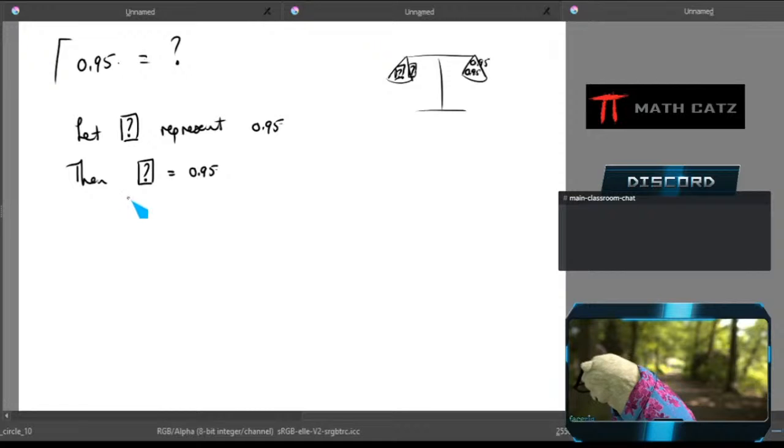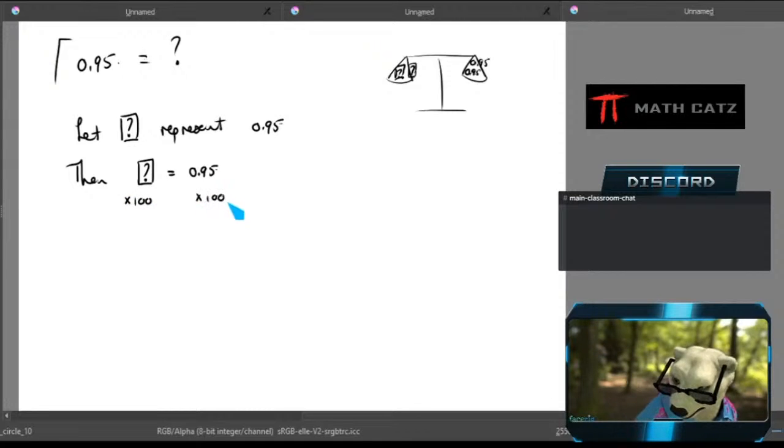So what I'm going to do is multiply each one by 100. I'm going to have 100 copies of the question mark. Then I better have 100 copies of 0.95 as well. Then everything will still be equal. So as long as I do the same thing on either side, everything's in balance.